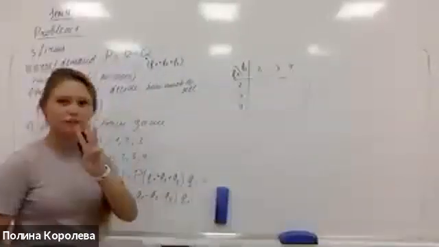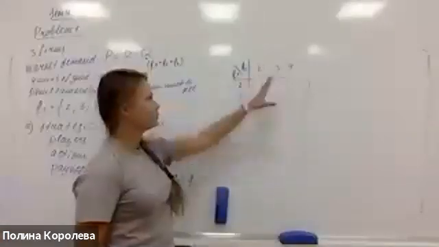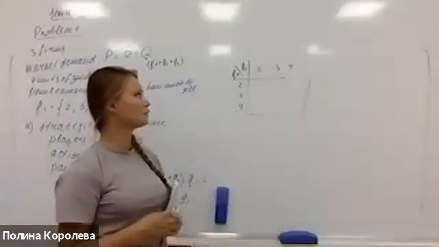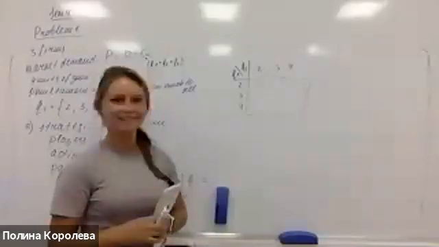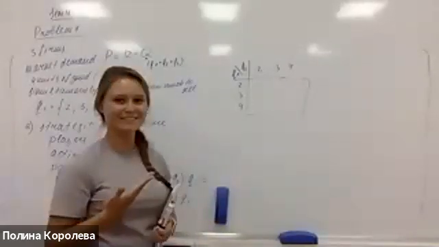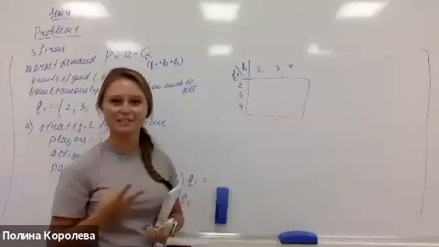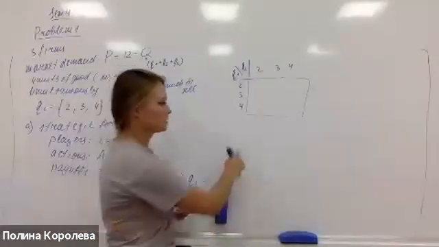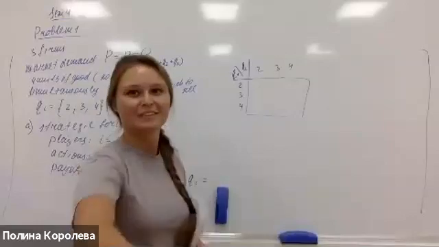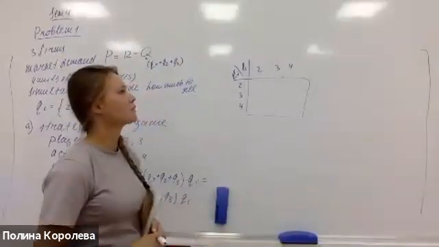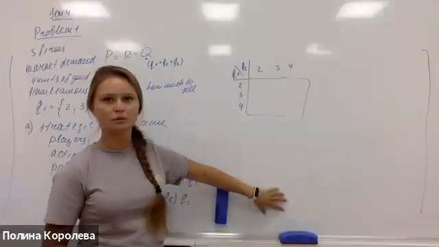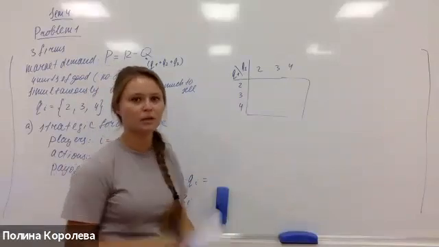Okay, but we have three players, so where will I draw the actions of the third player? It will be not 2D, not two-dimensional, but three-dimensional. But we can draw it like a cube, yes? So what will we do? We will draw three matrices, and the third player will choose in which matrix he wants to play. And that's all. I will show you.